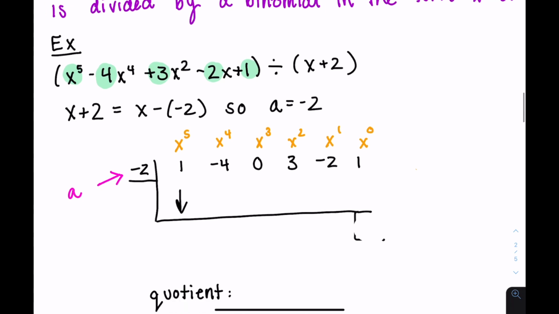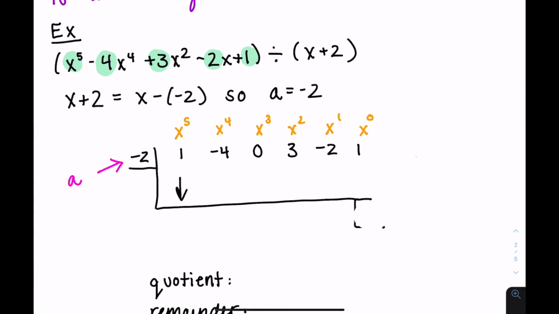So the process that we're going to follow is we bring that first coefficient down, so we get 1. To figure out what number is going to go next, we're going to take the negative 2 times the 1, and we get negative 2. We'll add those together, so negative 4 plus negative 2 is negative 6. And now I'm going to repeat the same process.